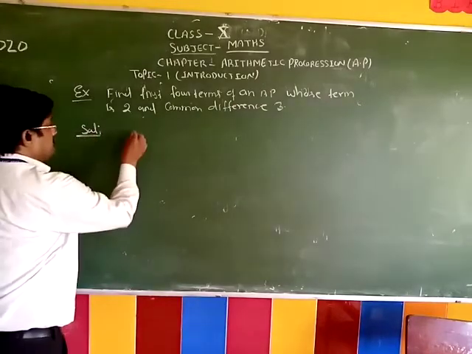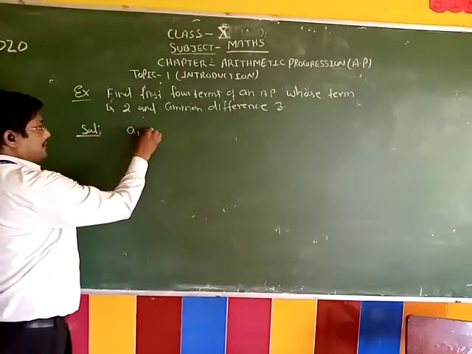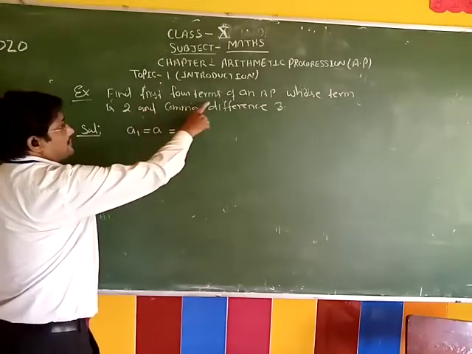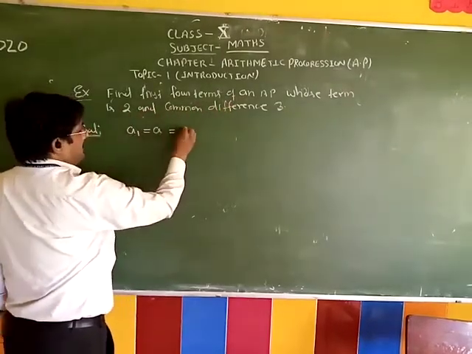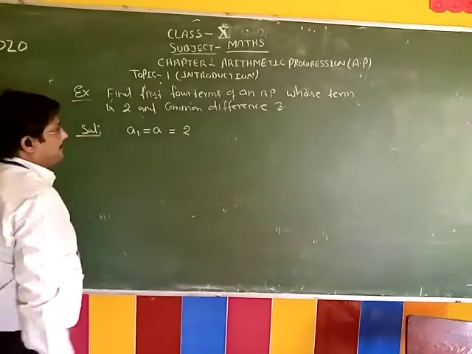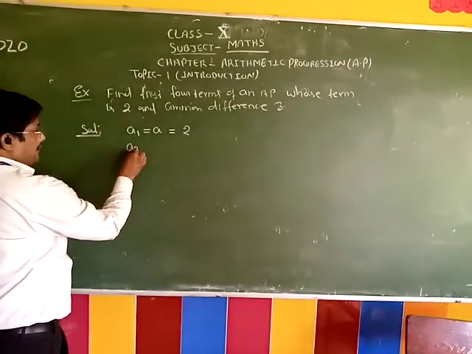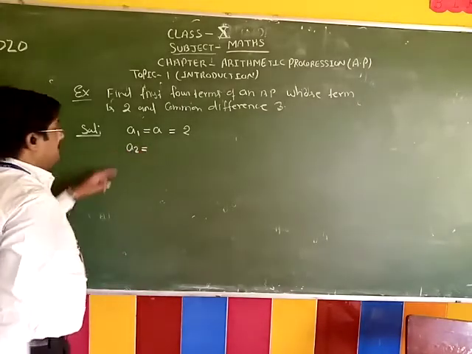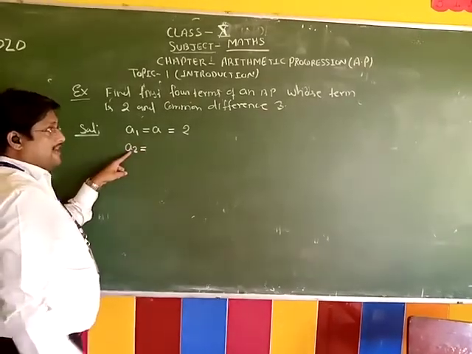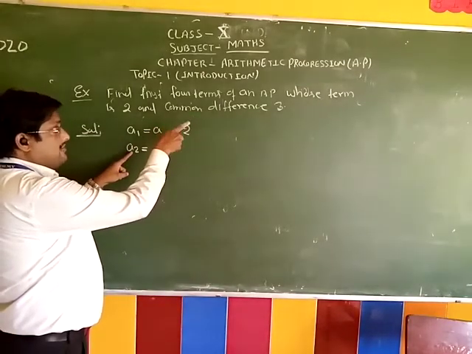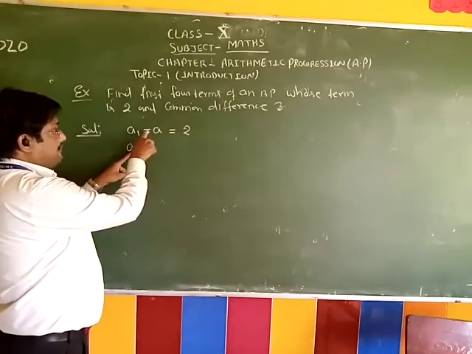First term A1 is equal to 2. Now find the second term A2. The second term is obtained by adding the common difference, the fixed number, to the first term.